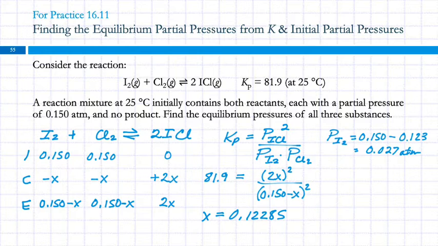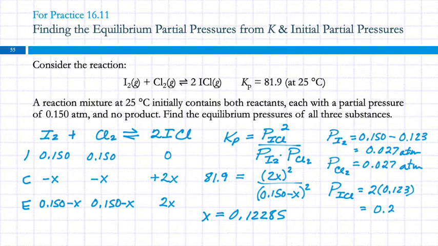And that's going to be the same for the Cl2. They started at the same, and they have the same coefficients in the chemical equation. And then ICl is 2 times that.